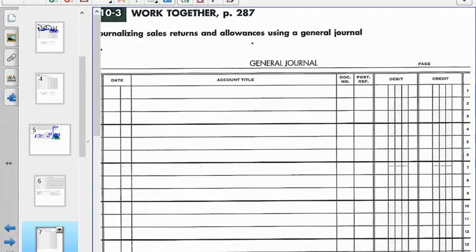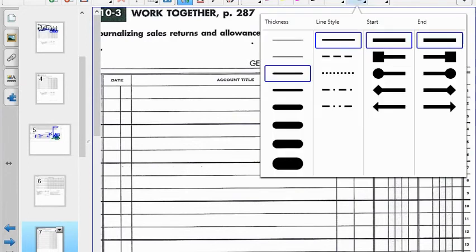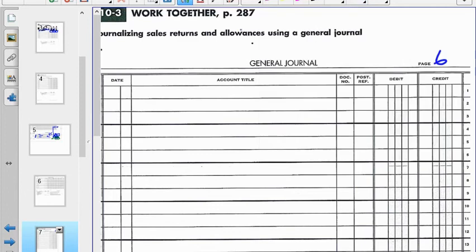So it says the journal is used for a company called Klein Interiors. Instructor will guide you through the following. We're on page 6 of our general journal. So on June 3rd, granted credit to a company called Wilbanks and Associates for merchandise return, $457, sales tax $36.56, and a total of $493.56. So June 3, 2019.